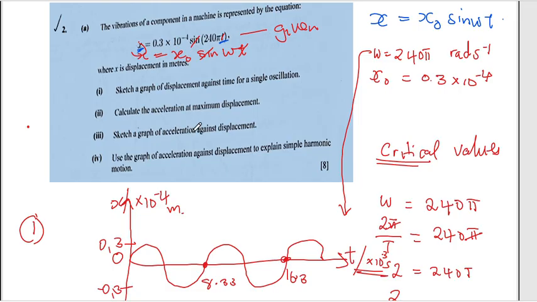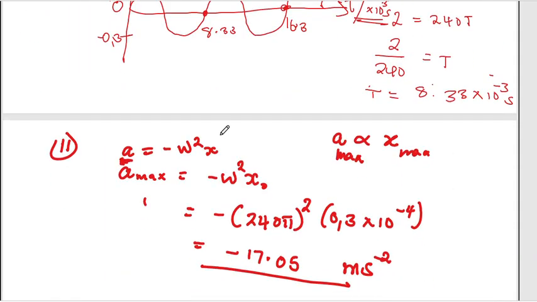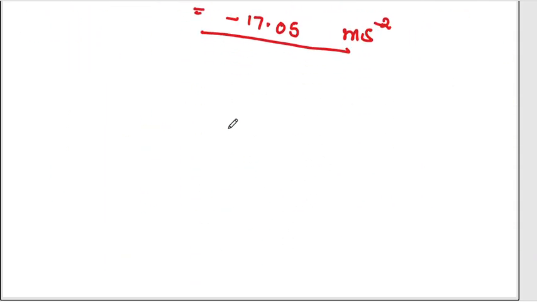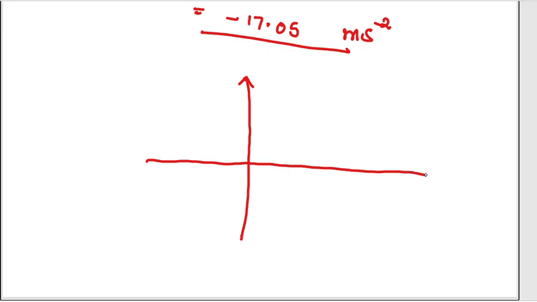Sketch a graph of acceleration against displacement. Right. Okay. So let's plot. We have our vertical axis and we have our horizontal axis.